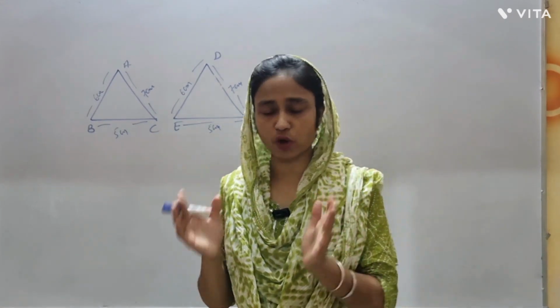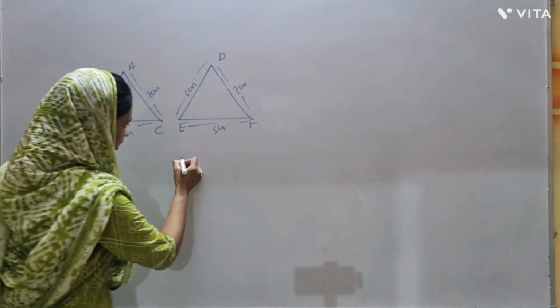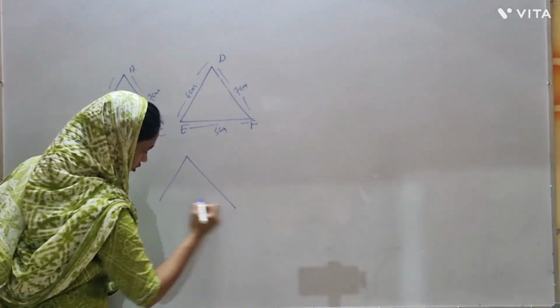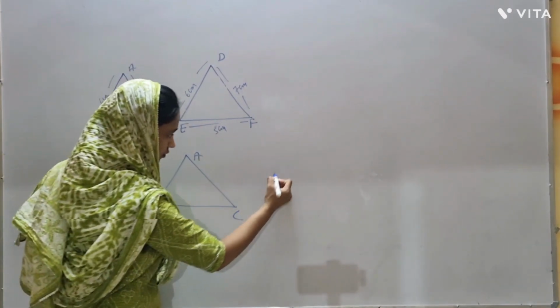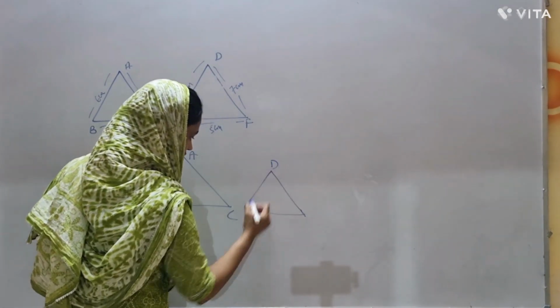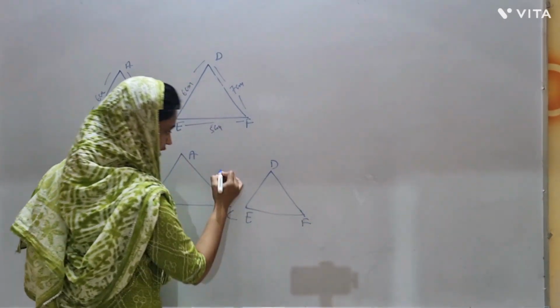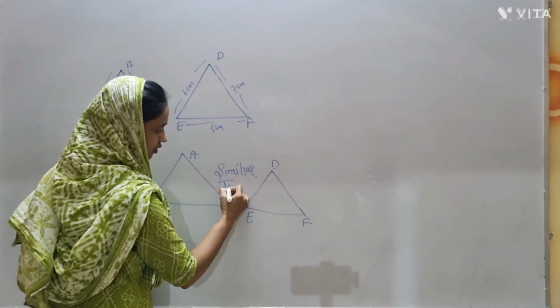And when we talk about similar triangles, in similar triangles only the shape matters. If only the shape of two triangles is the same, then we will say that these two triangles are similar to each other. These are similar triangles.